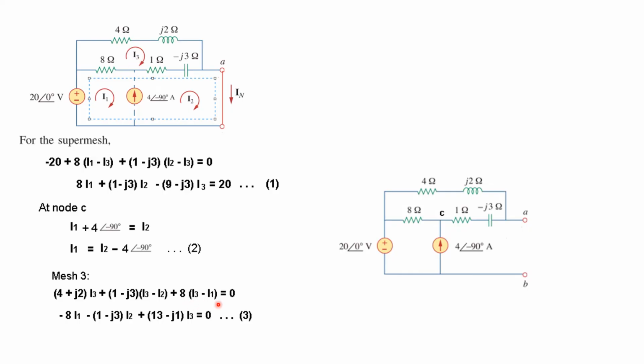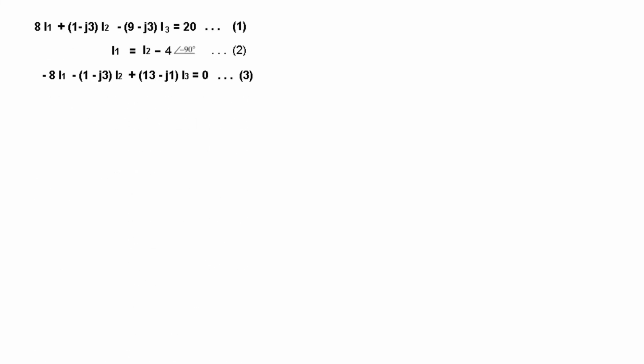Simplifying by collecting the like terms, this is our third equation. Okay, so we have these three equations, and we'll try to solve. Our aim is to find current I2 in the second loop, which is equal to In.